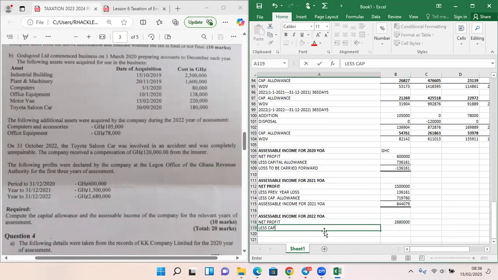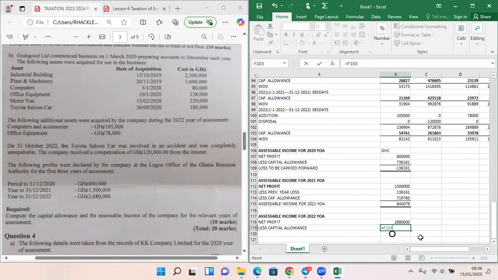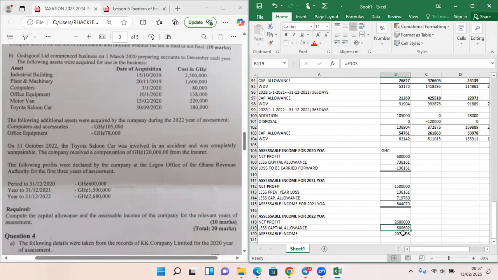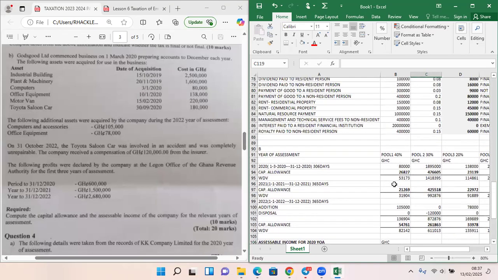Then less capital. So we are done with question three. Therefore, question three.